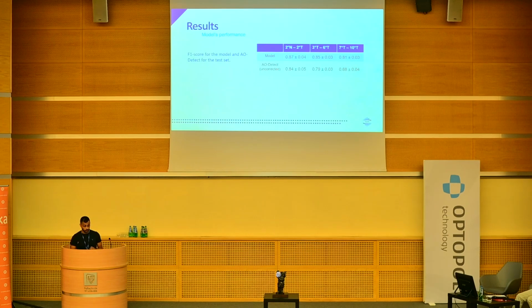And the results of the model were very good: 87% around the fovea, 81% in the periphery, and we also compared it with AO-FIO, which is the gold standard in the literature. And we saw that the model performs much better than the AO-FIO, the manufacturer software, mainly in the periphery.